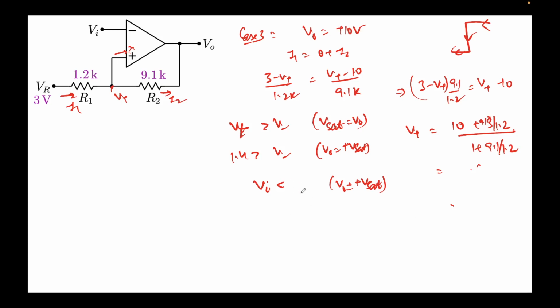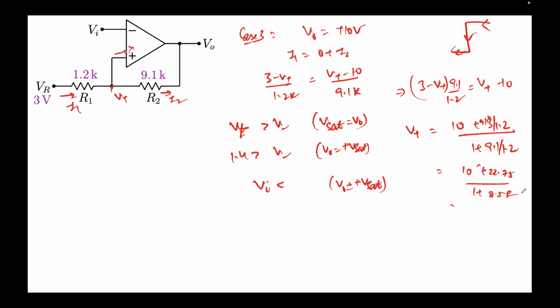Okay, so let's solve this. 9.1 times 3, divided by 1.2, is coming out to be 22.75. So it will be 10 plus 22.75, divided by 1 plus 8.58.